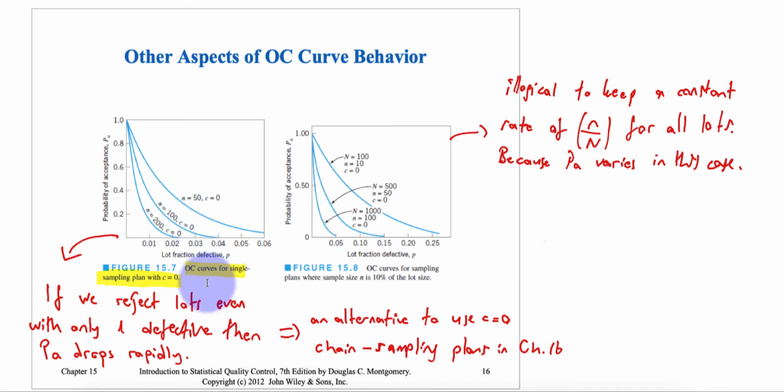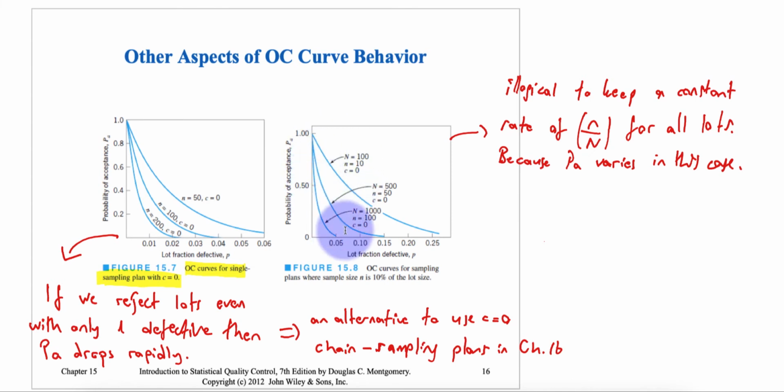So for this purpose, maybe we need to search for other alternatives, and one of the alternatives is chain sampling. And you can also find some introductory information about chain sampling in chapter 16, okay?